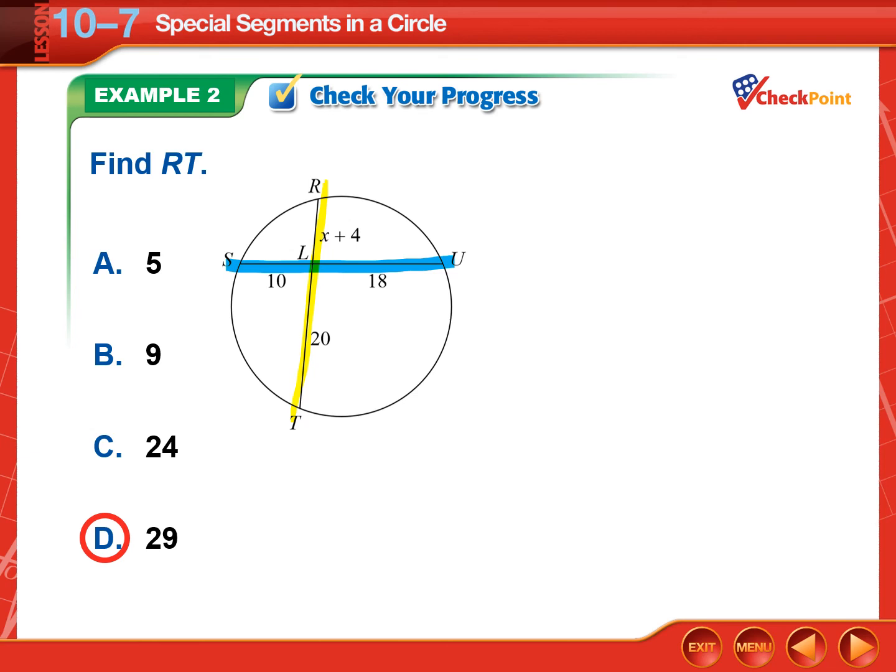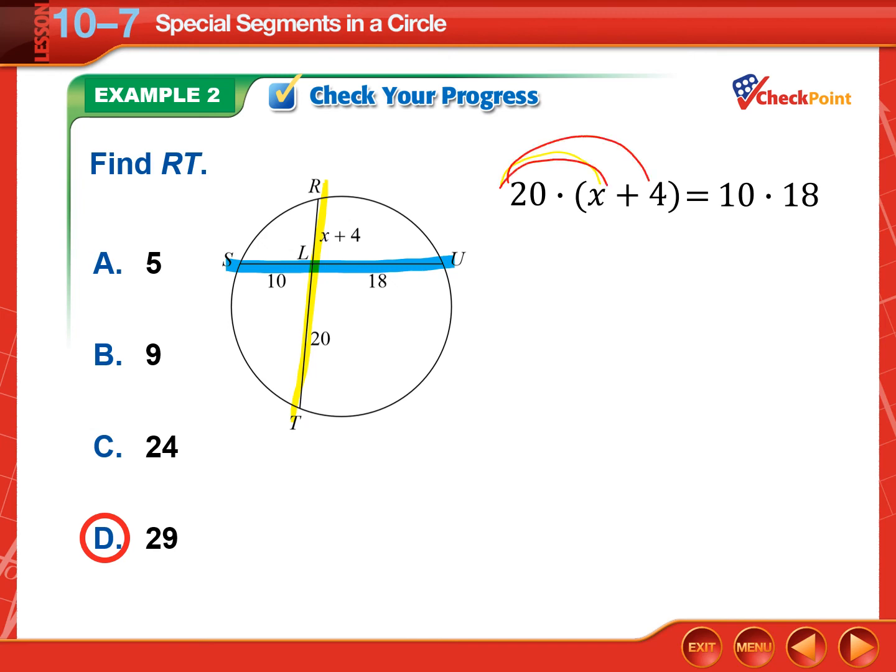All right, so let's figure out how we're going to get that. So let's start off. Let's go ahead and get our yellow line together. So that's going to be that 20 times x plus 4. Let's get our blue line to their product together, which is 10 times 18. Multiply those lengths. All right, now, just don't forget to do distributive property. 20 times x and 20 times 4.